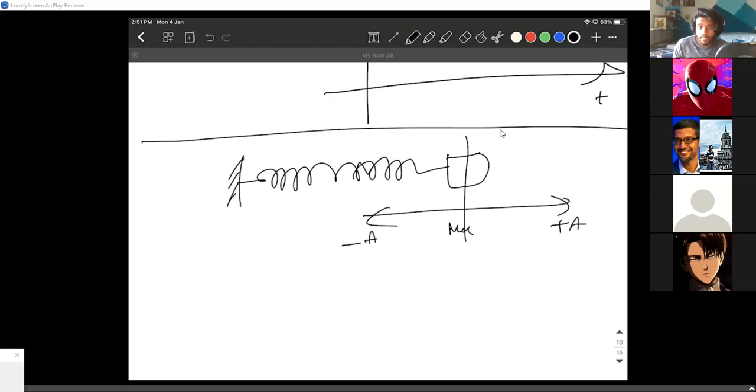In the beginning, we told ourselves the potential energy at the mean position is zero and kinetic energy is max. At the extremes, the potential energy is max and kinetic energy is zero. You all agree with this?